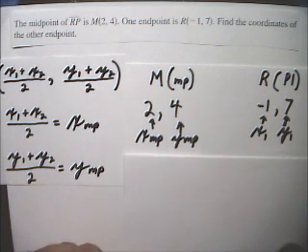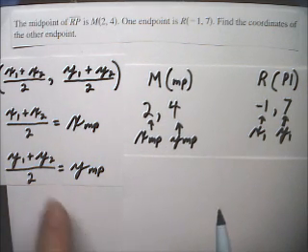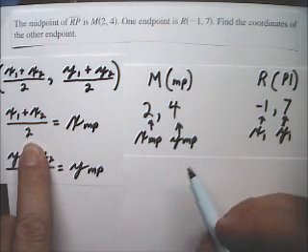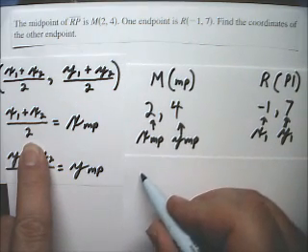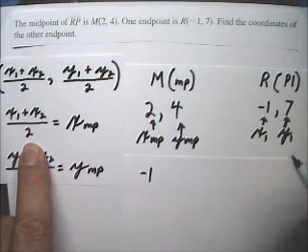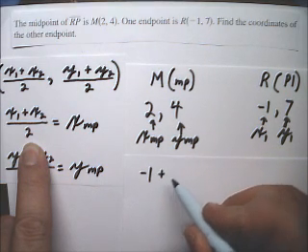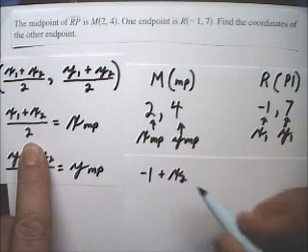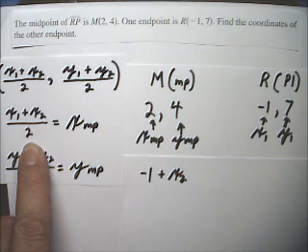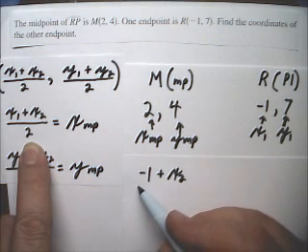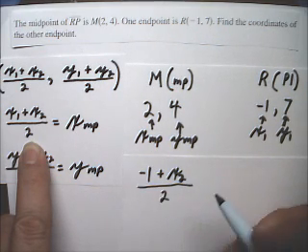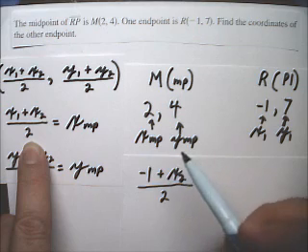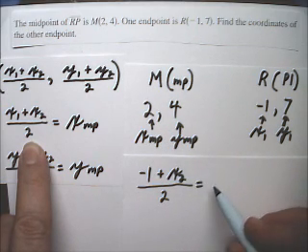So continuing with this, we're going to use this formula. So x1 is -1. x2 is what we're looking for. See, x2 is the x-coordinate of the endpoint. And this equals x of the midpoint.